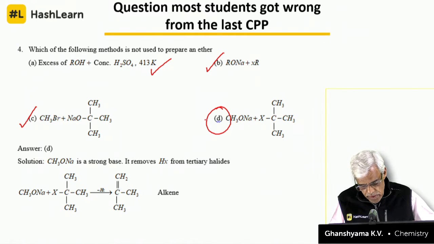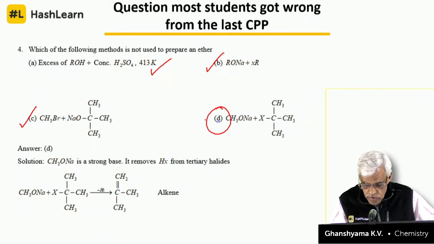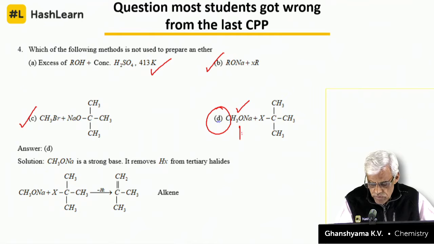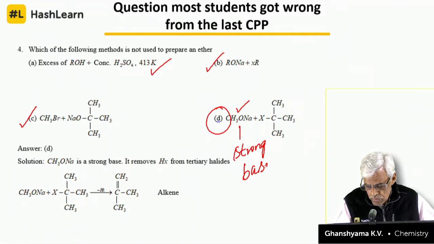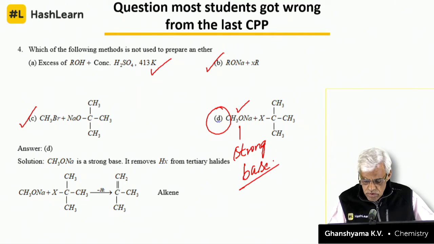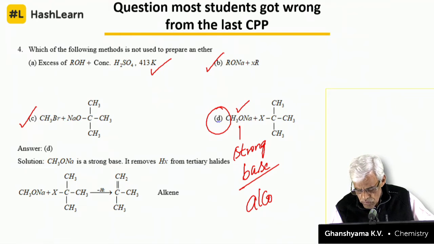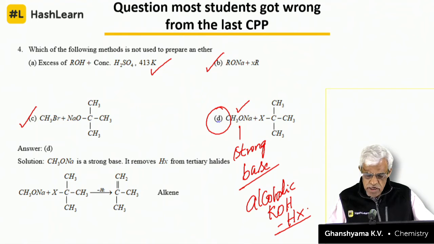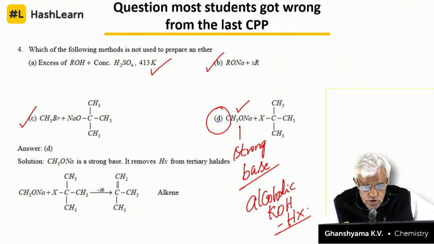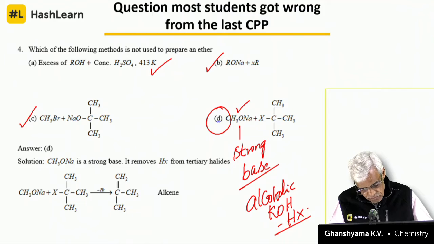but here the sodium methoxide is a strong base. The reaction is similar to alcoholic KOH, which means dehydrohalogenation takes place.